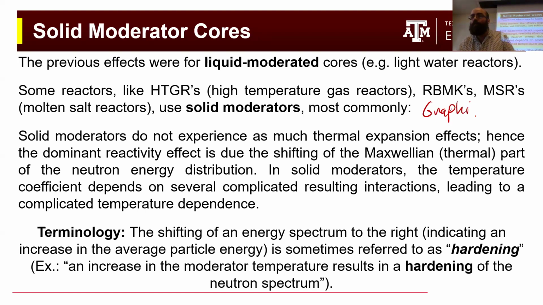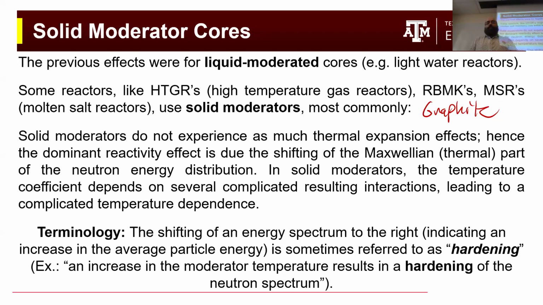If we have a solid moderator, it's going to be basically a big old chunk of high quality, high density carbon. And so if our moderator is in a solid graphite form, then if it has a temperature change, it doesn't have as much thermal expansion as water does when it's heated up.